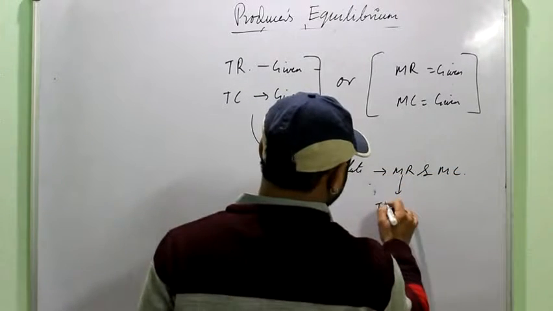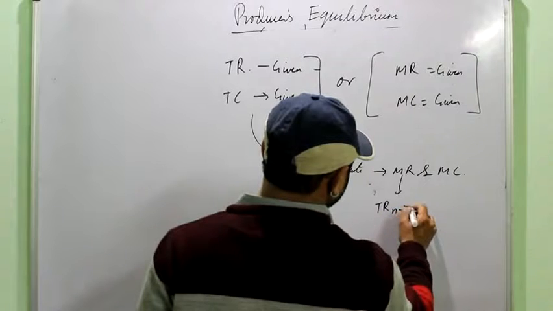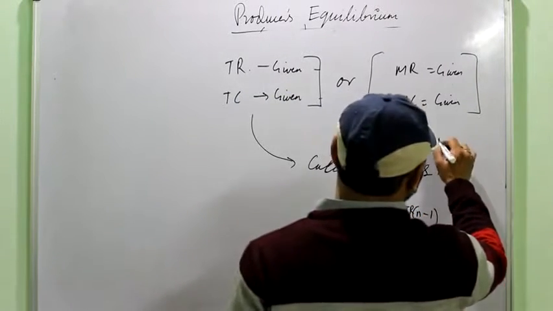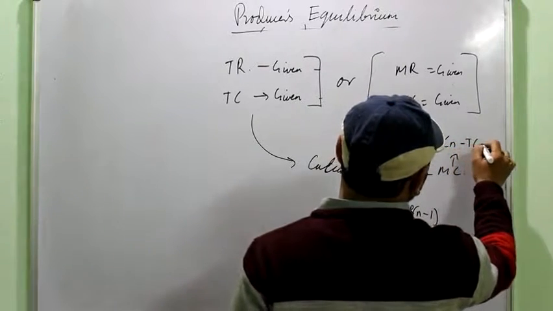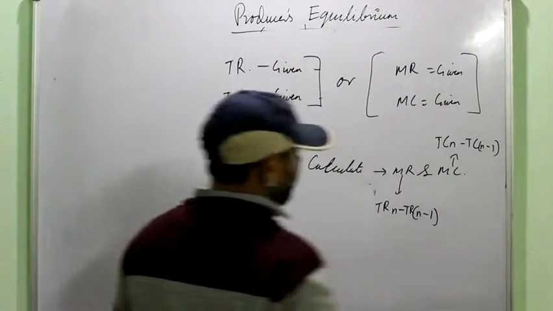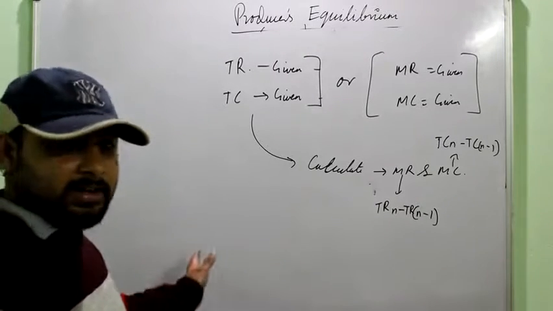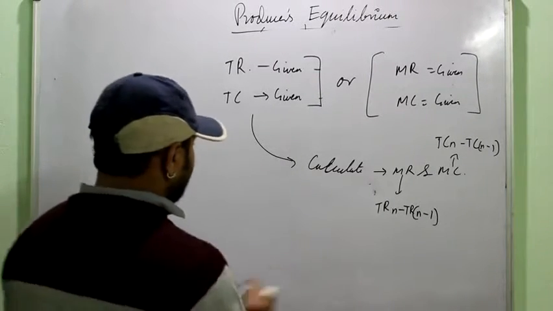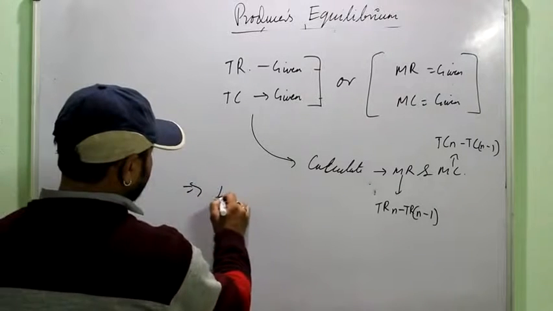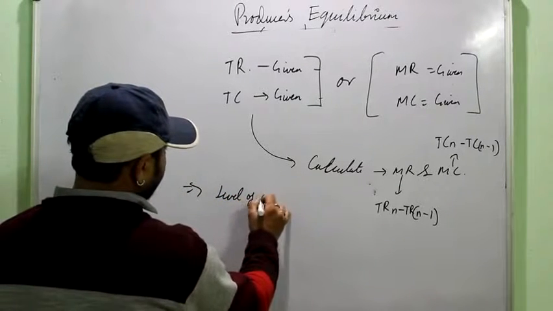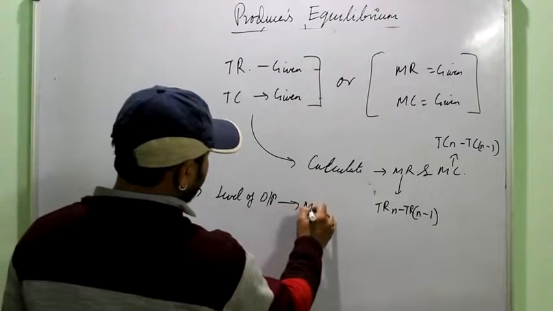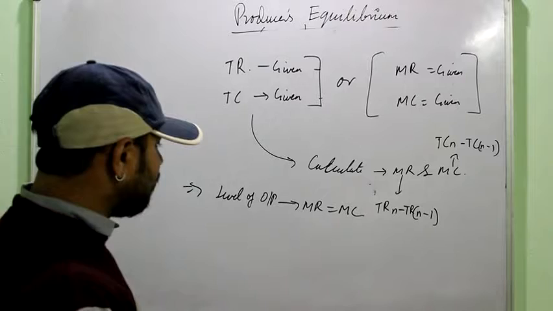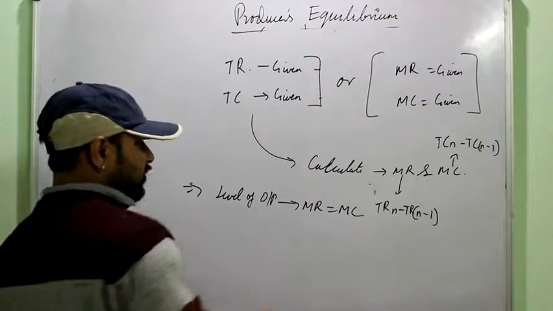You know MR is TR at n minus TR at n minus 1, and MC is TC at n minus TC at n minus 1. Using these formulas you calculate marginal revenue and marginal cost. After that you find the level of output where MR is equal to MC, right?